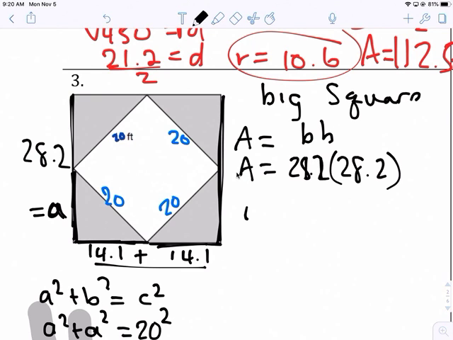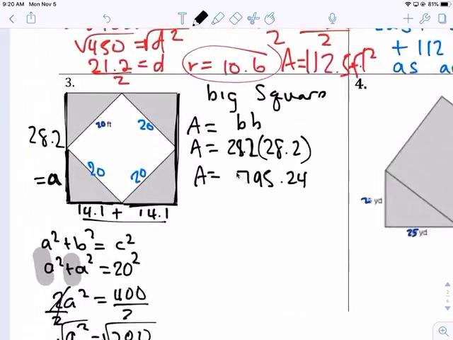You get the area of the big square is 798.524.